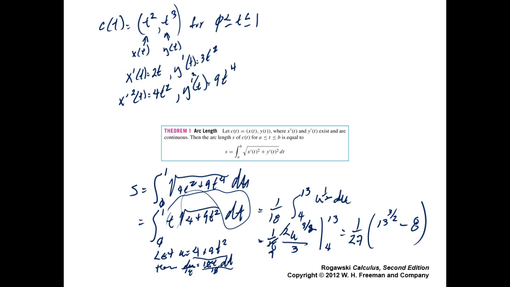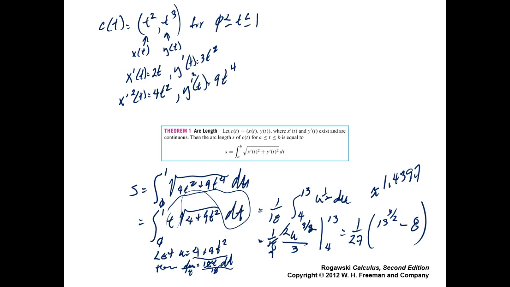Yeah, if you take the minus 8, it's going to be 38. Okay, and then divide 27 into it. You get something close to 1.4397, approximately. At least that's what they got in the book. And I think that's probably reasonable.